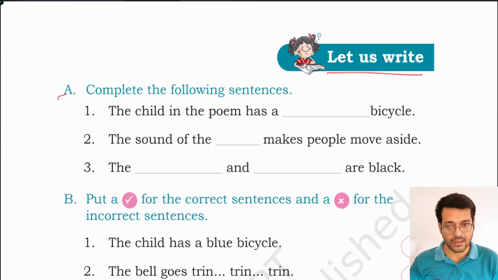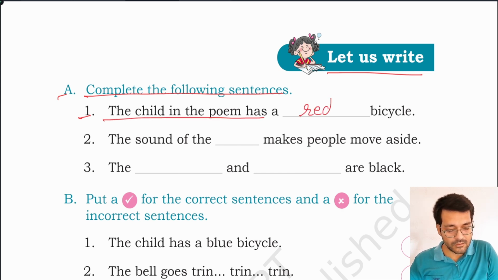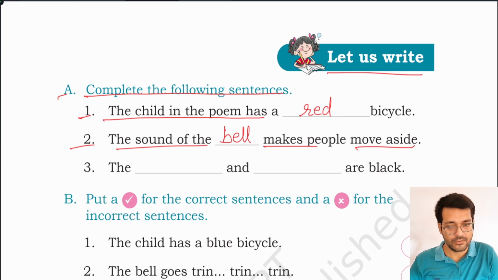Let us write. Complete the following sentences. 1. The child in the poem has a red bicycle. 2. The sound of the bell makes people move aside. 3. The dash and dash are black.